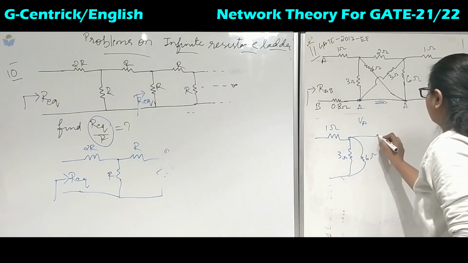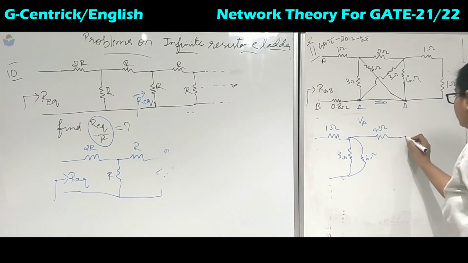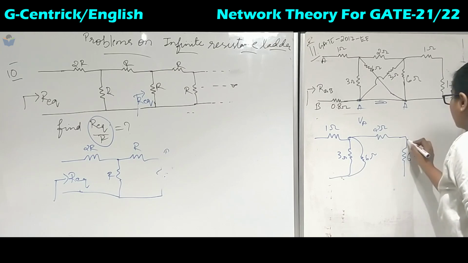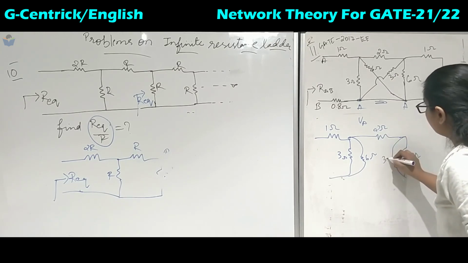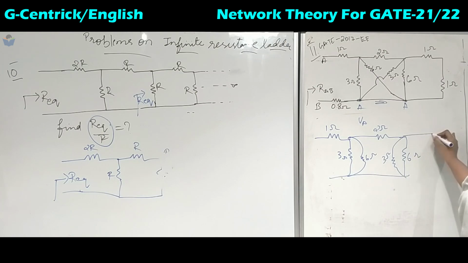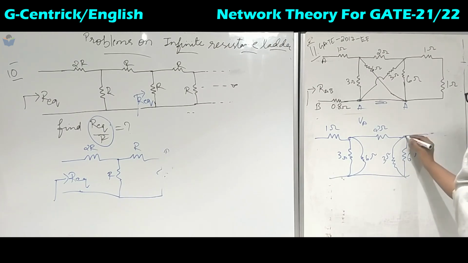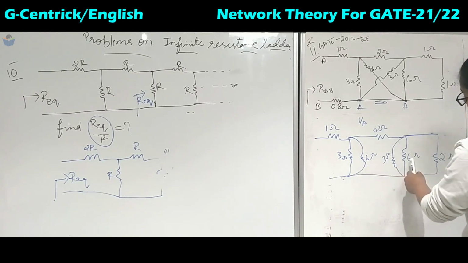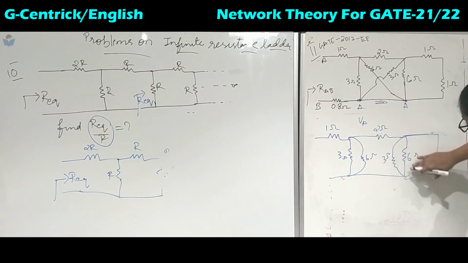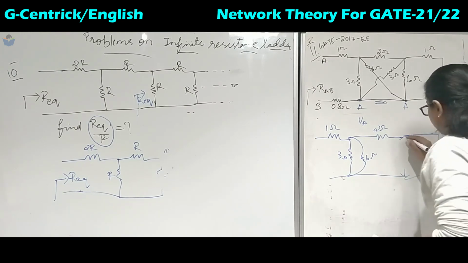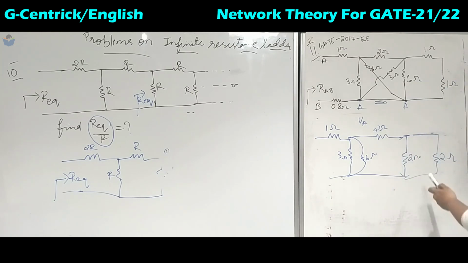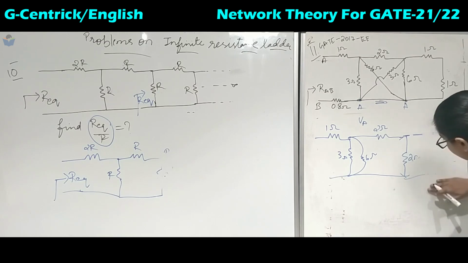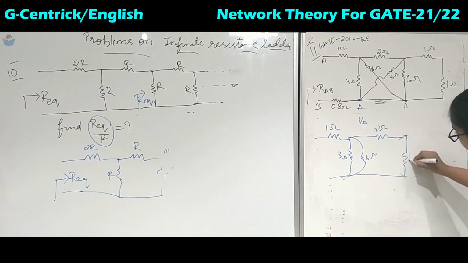Again here it is 2 ohms, this is 6 ohm, and this is 3 ohm. Here we can write 1 plus 1, that is 2 ohms. Now these two are in parallel, 6 into 3 is 18, 18 over 9 is 2, so I can replace it with 2 ohm. Again these two are in parallel, so 2 into 2 is 4, 4 upon 2 plus 2 is 1 ohm.